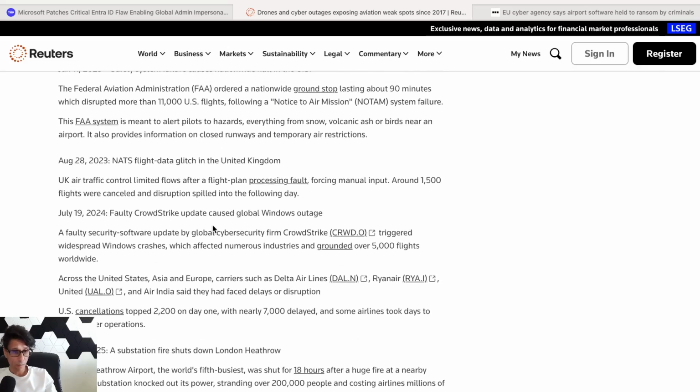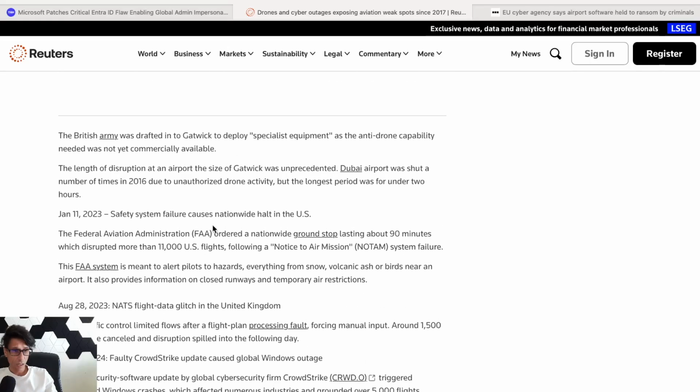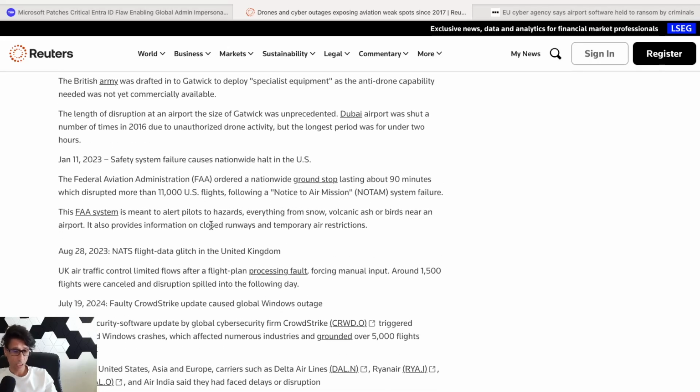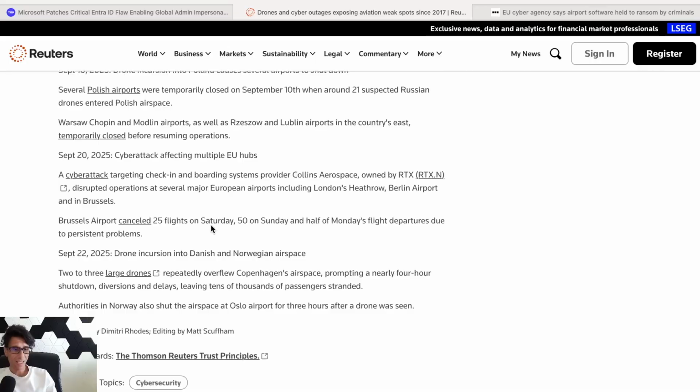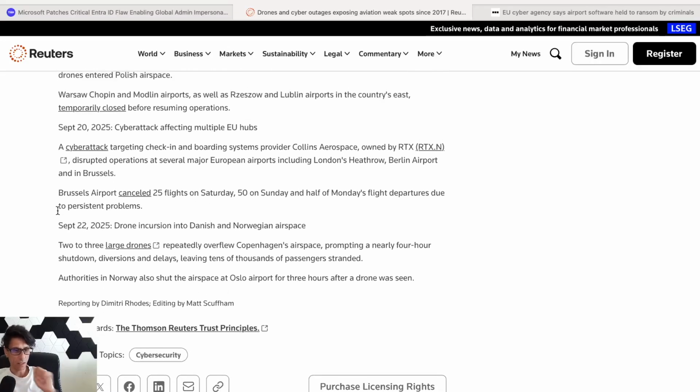But the reason why I want to call out this article is because it has some history. If we look in here, we have September 22, 2025, with a drone incursion in Danish and Norwegian airspace. This is a fairly dangerous thing. It has also happened in Lisbon a number of times now. And the Lisbon airport is in the middle of Lisbon, because we are crazy in that way.